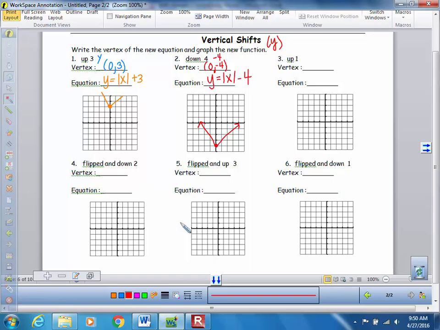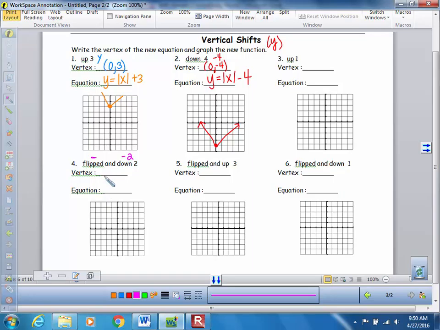Okay, let's try a few that are flipped this time. So flipped changes what? Okay, it changes the sign in front of the absolute value. So it's going to make it a negative. Then if we go down 2, that's a negative 2.